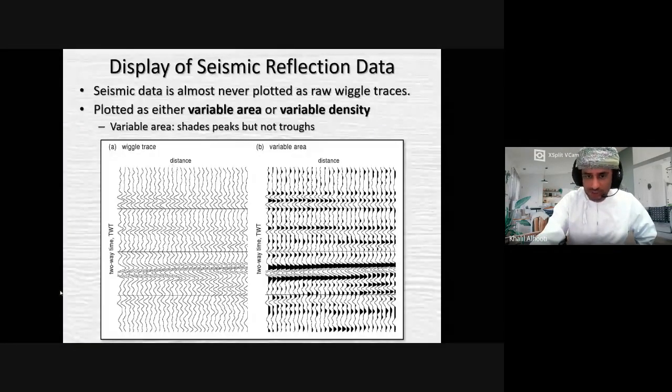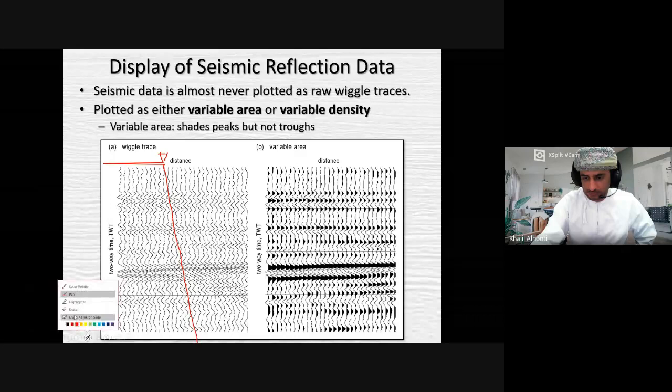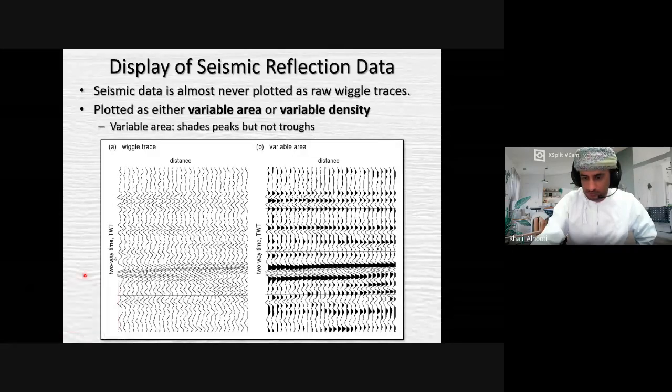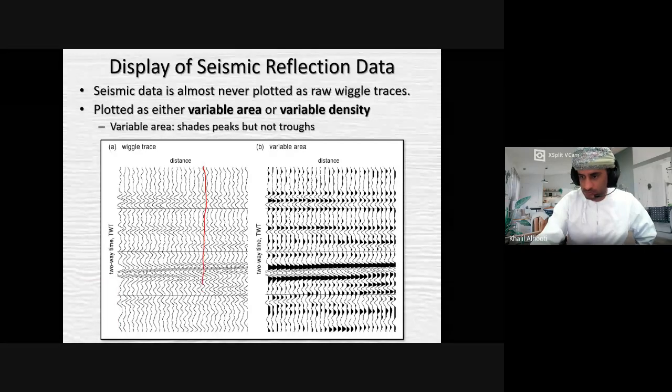Let's assume that there is a well like that. Oh, my drawing is bad. Bear with me. So there is a well. Here you generated your synthetic seismogram.